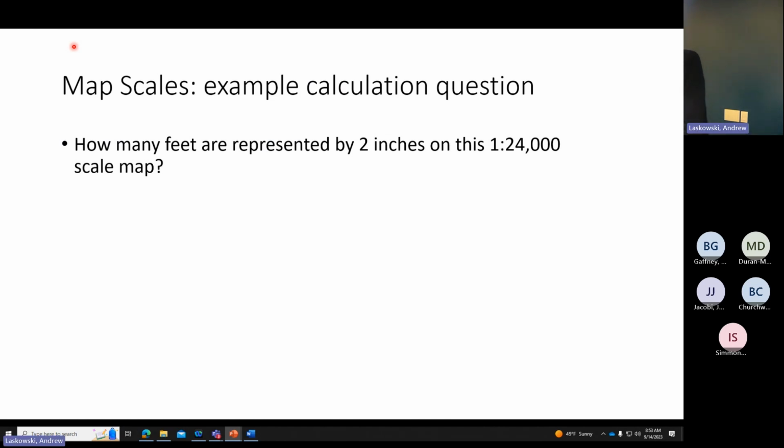All right, so what I asked you is, what is the ground distance for a 1 to 24,000 scale map? What I would start by doing is just writing out the fractional scale. And we measured 2 inches on the map, which equals what distance in reality, or on the ground?